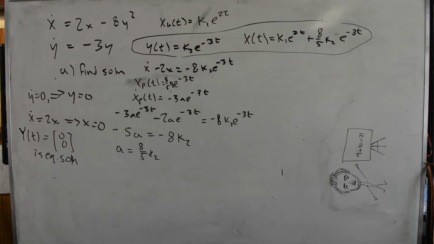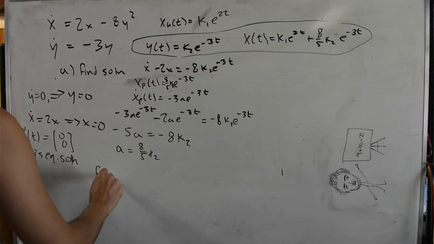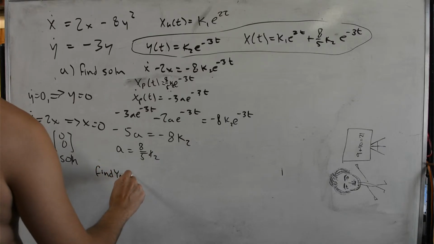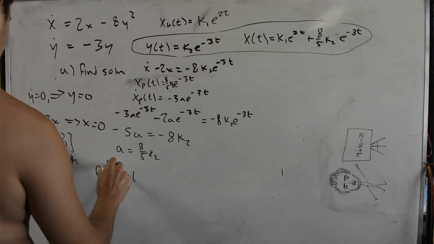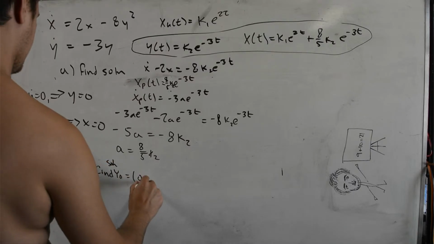All right, now it says find the solution such that the initial condition is y0 equal to 0, 1.